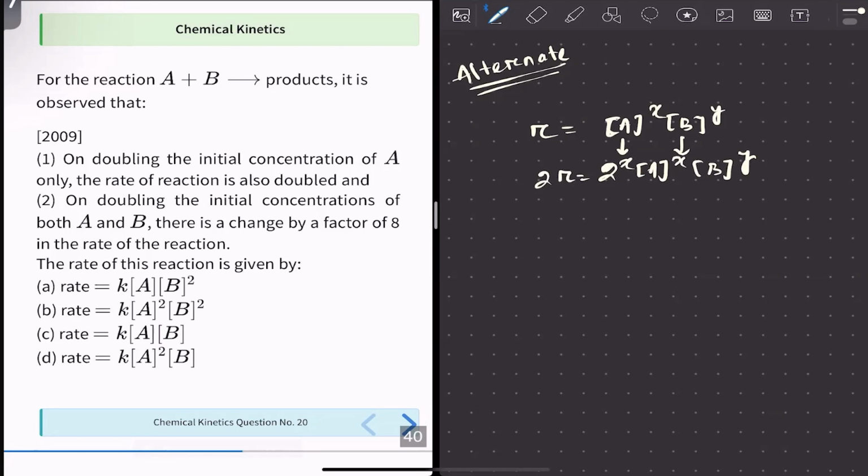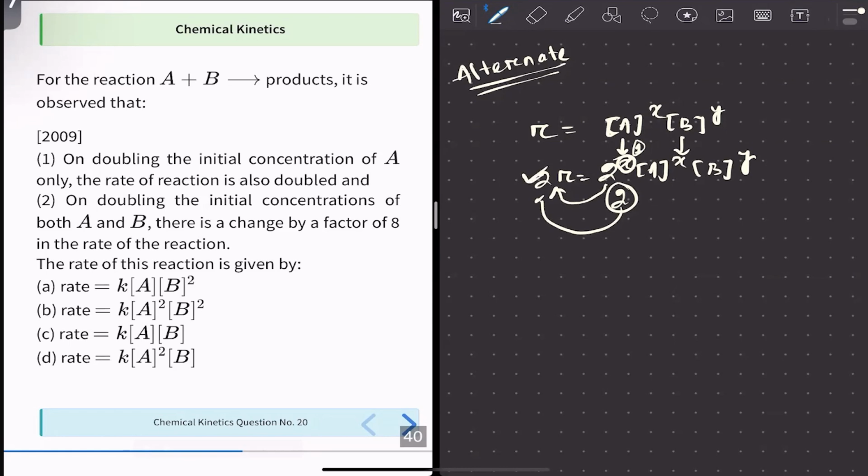What will be the value of X so that R will be doubled? Means if we put 2 to the power 1, then it will remain as 2 and it will double the amount of R. Okay.